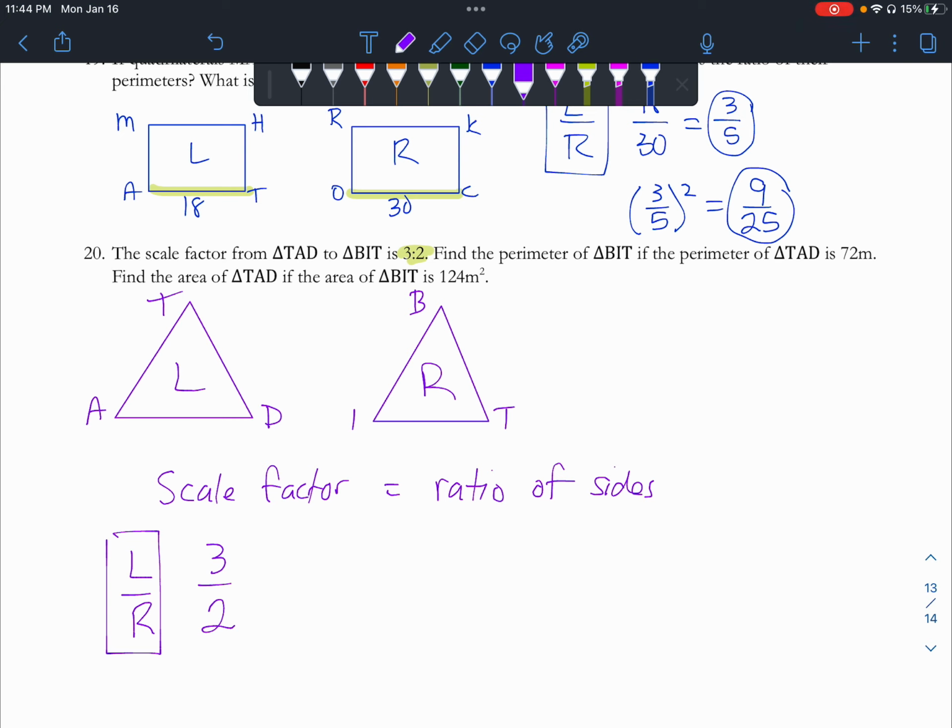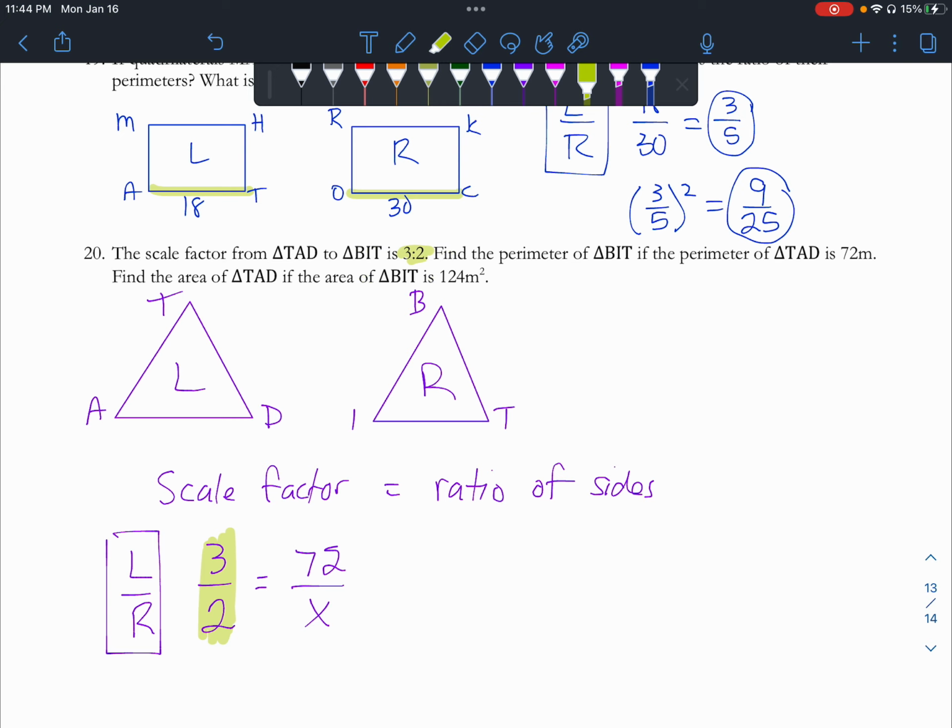And with this, I know that the perimeter of TAD is 72 over here. That's a value that should go on the left-hand side. And the area of the one on the right, I don't know. Why am I using this 3/2? Because that's the ratio of their sides that they have, the scale factors that they have.